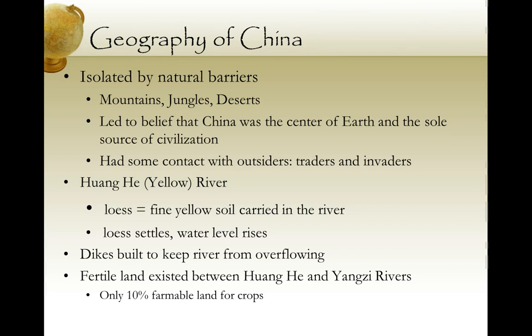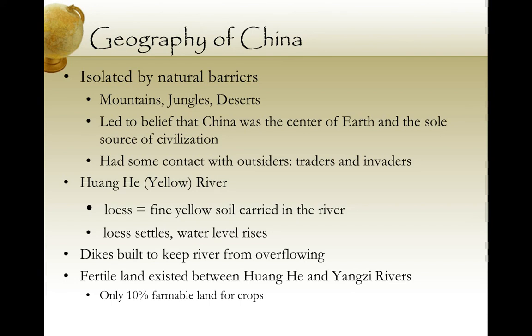Early civilization in China develops along the Huanghe River. It's called the Yellow River because it's got this loess, this very fine soil, like silt that settles into the river and gives it this sort of disgusting mustardy shade when the loess settles and is in the water. And so the Huanghe, even though it's important for agriculture, it can flood very violently and end up making it very difficult for agriculture to take root in some parts.